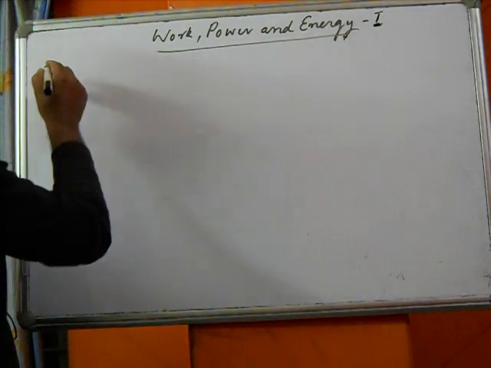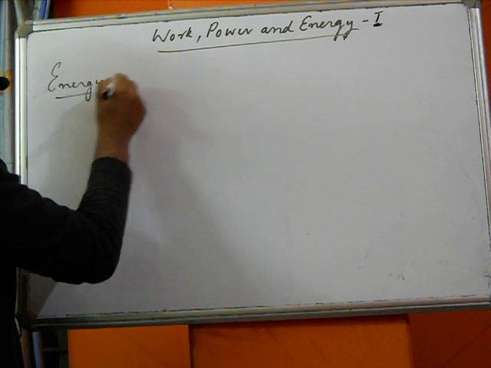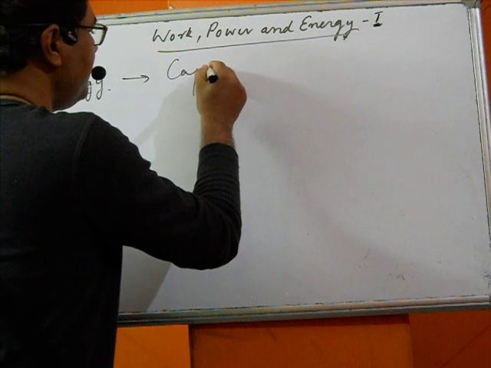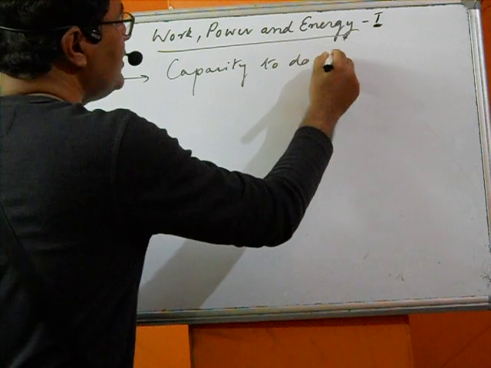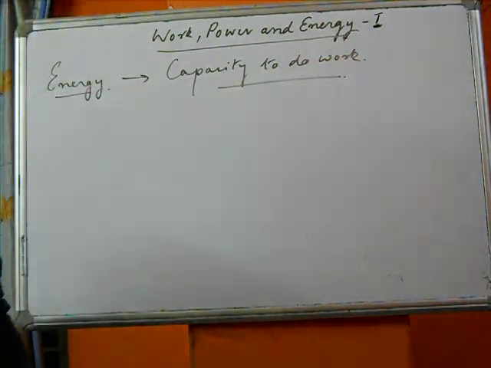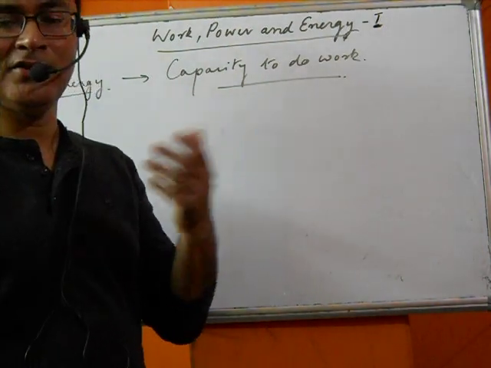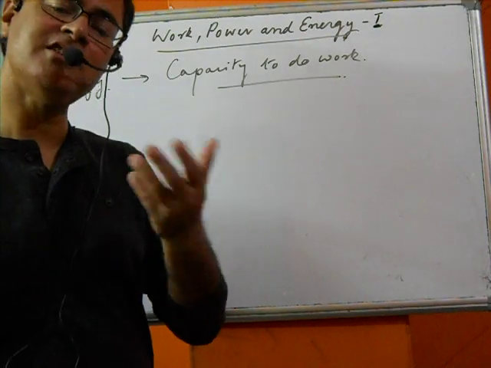Now, energy. Energy is the capacity to do work. Understand it this way: I don't have food for 5 days. Do I have energy? No. How will I judge my energy?